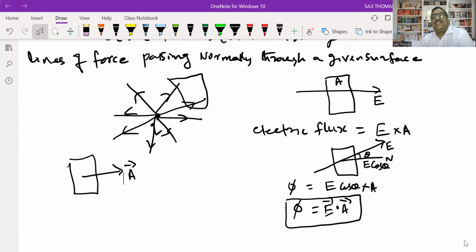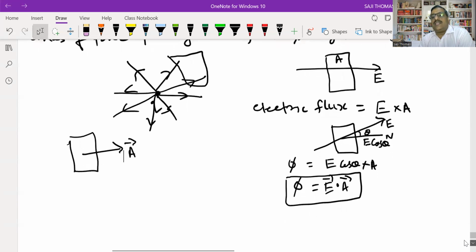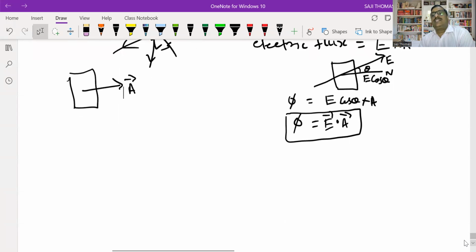Okay. So what is electric flux? It is the total number of lines of force passing through a given surface, passing normally through a given surface. What is the formula to calculate electric flux? E dot A or EA cos theta. What is theta? Angle between electric field and the area.